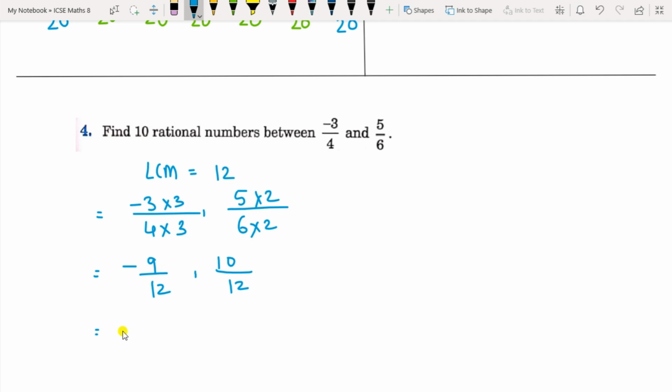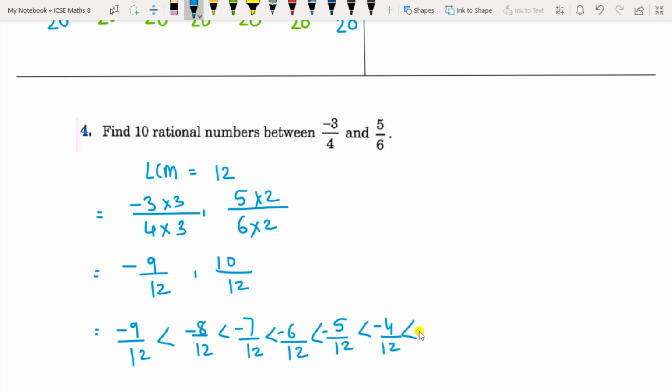So we can simply write minus 9 upon 12, then minus 8 upon 12, minus 7 upon 12, minus 6 upon 12, minus 5 upon 12, minus 4 upon 12, minus 3 upon 12, minus 2 upon 12, minus 1 upon 12, 0 upon 12 is 0, and then 1 upon 12, and this is 10 upon 12.